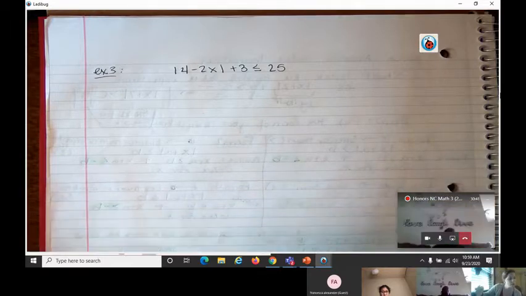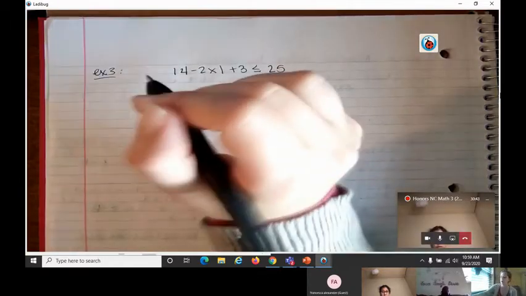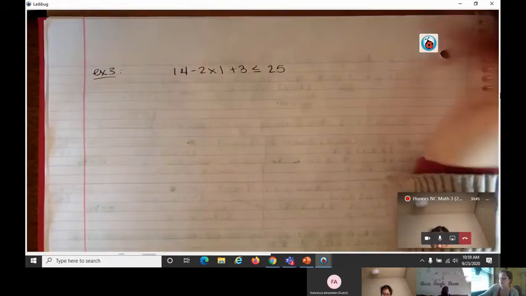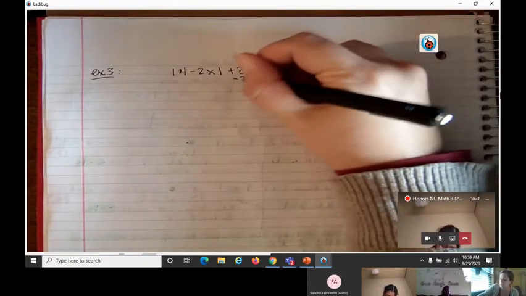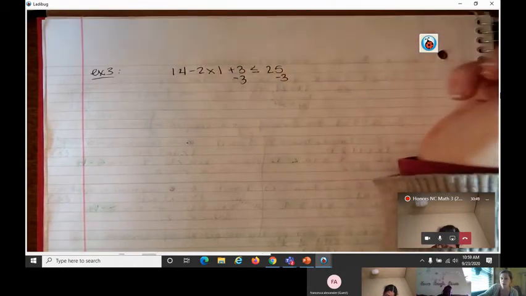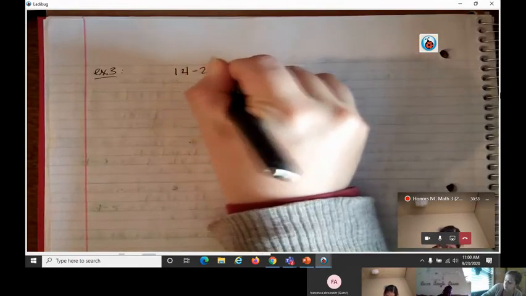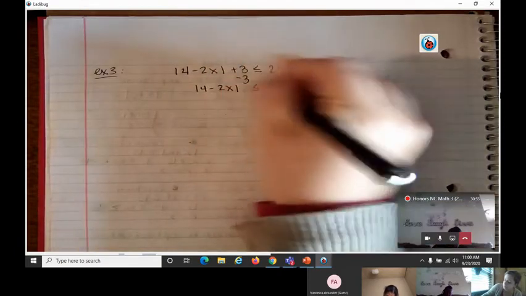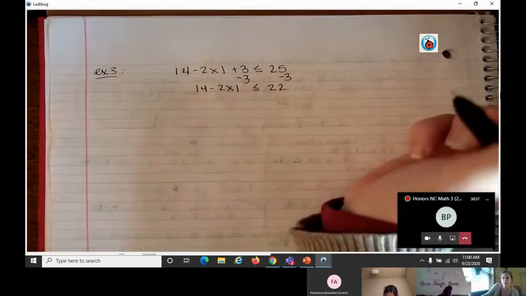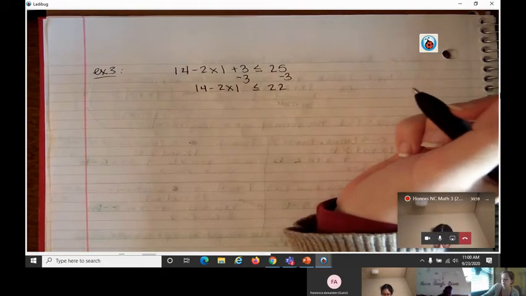Okay, we'll leave it. All right, so first we need to subtract 3 from all the sides to isolate the absolute value. Okay, so I get 22 right there.